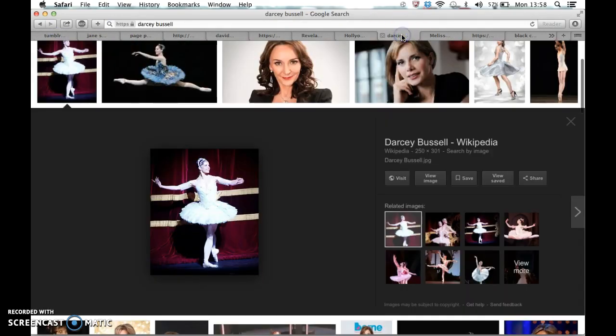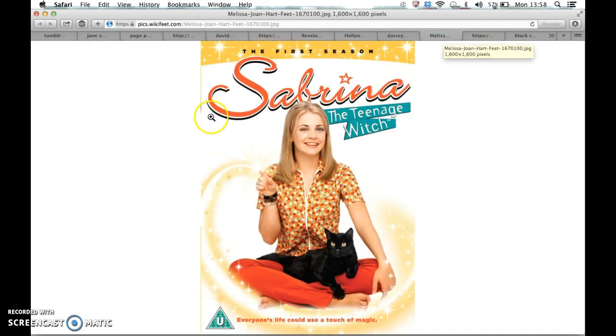So, basically, remember, Adam called Darcy a witch. Just like you have Sabrina, the teenage witch. See how she's also blonde as well, see? See how she also represents the Rev 12 woman. And she's shown here with a black cat.